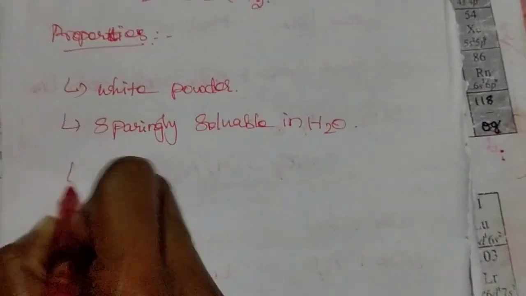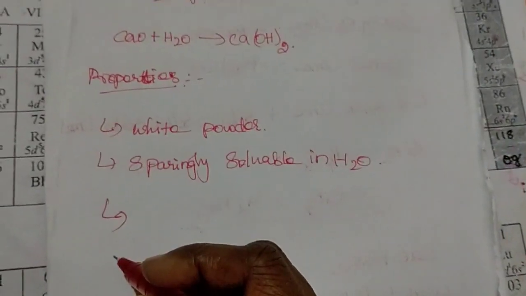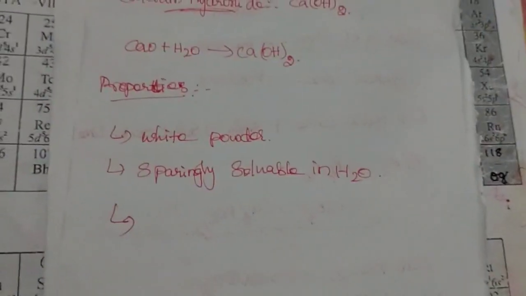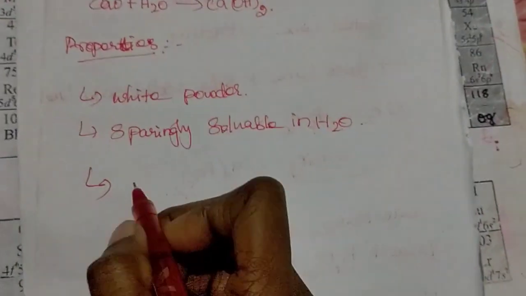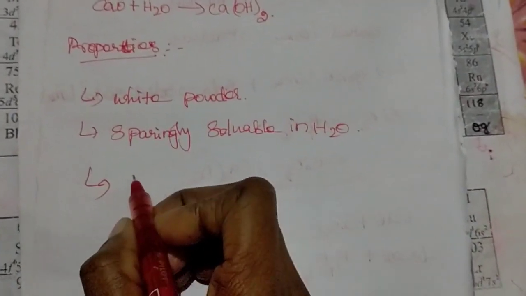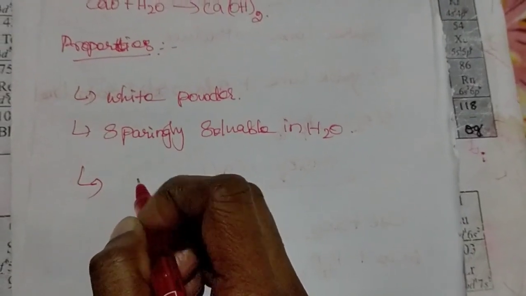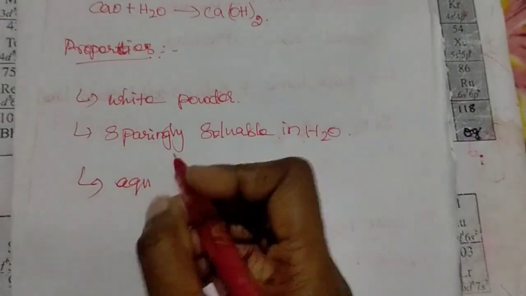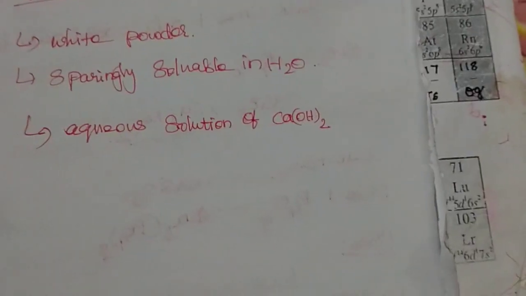So the aqueous solution of calcium hydroxide, mixing this calcium hydroxide with water, is known as lime water. So what is lime water? Aqueous solution of calcium hydroxide.